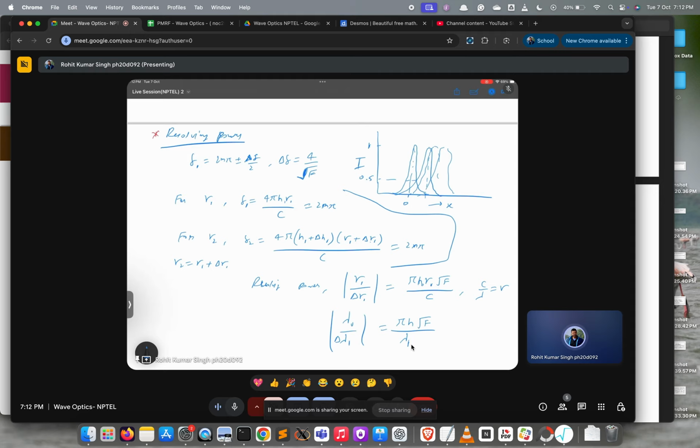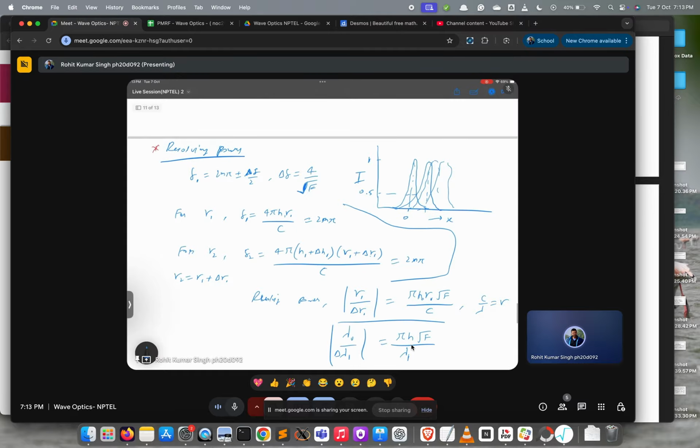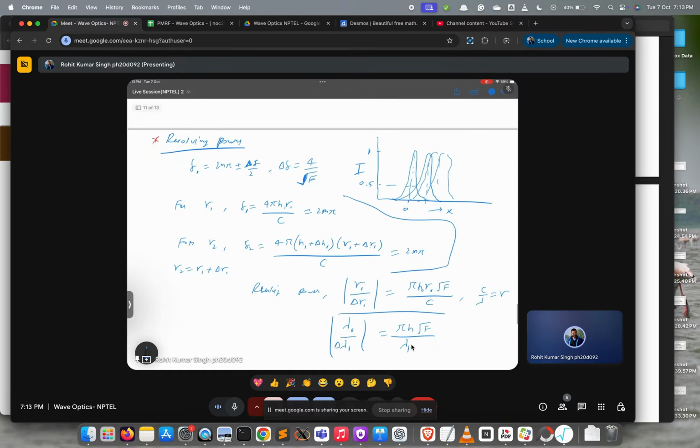In the derivation, we assume that they are resolved and derive this. I am not going through the derivation, but you can check any standard book. But this is the concept of resolution.